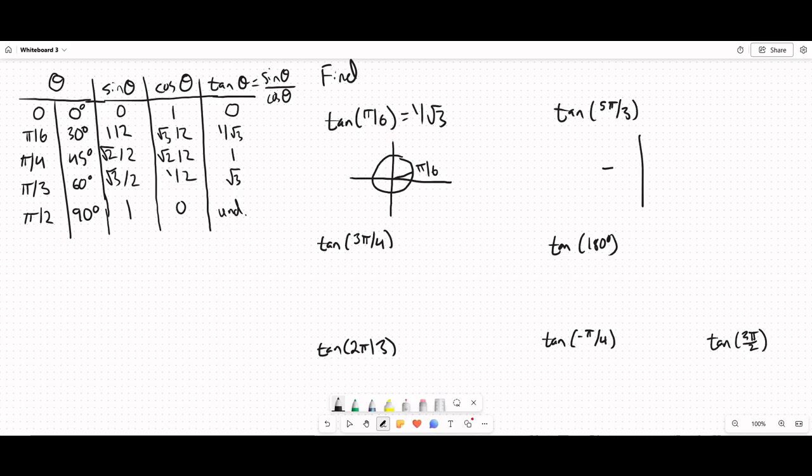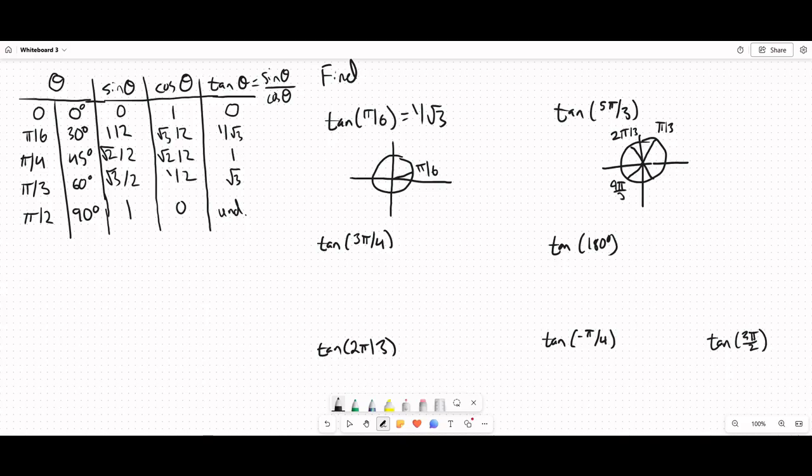So where's 5 pi over 3 on the unit circle? Well, you might remember that we have pi over 3 here. We have 2 pi over 3 here. We skip over 3 pi over 3. We have 4 pi over 3 here.